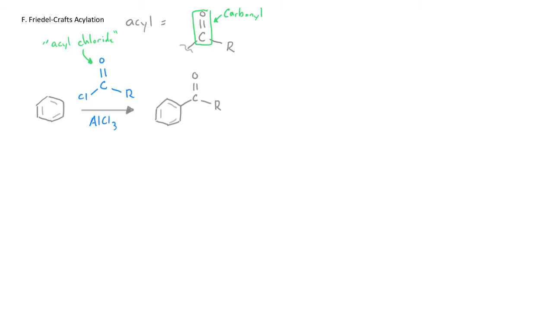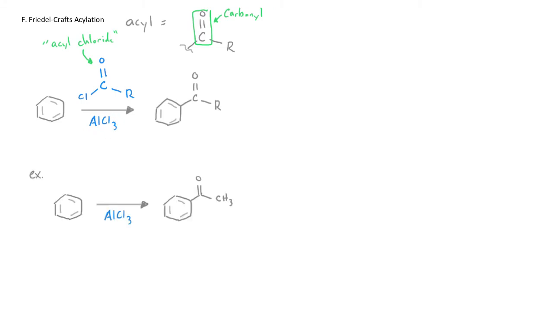An acyl chloride is very similar to an alkyl chloride, except instead of having an alkyl group attached to the chlorine atom, we have an acyl group, meaning we have a carbonyl with an R group on one side. The Friedel-Crafts acylation also requires that we use a Lewis acid like aluminum trichloride.